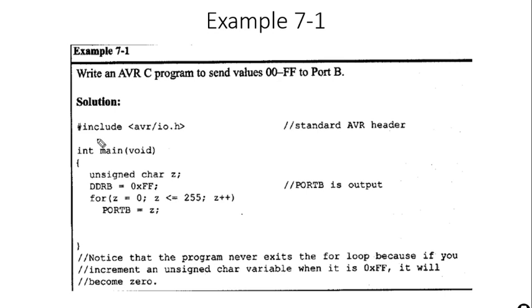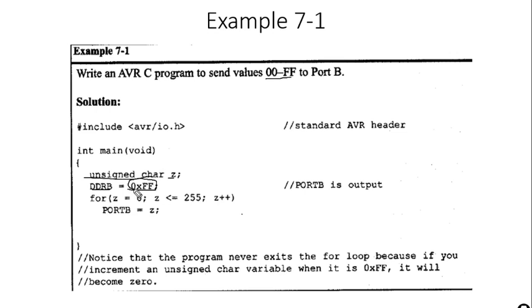Let's see some examples so that we see how easy it is to program using C. The code is to send values 00 to FF, 255 values, to port B. Since all the values are positive, we declare the variable which we have to output to the port as an unsigned character Z. DDRB is 0xFF.